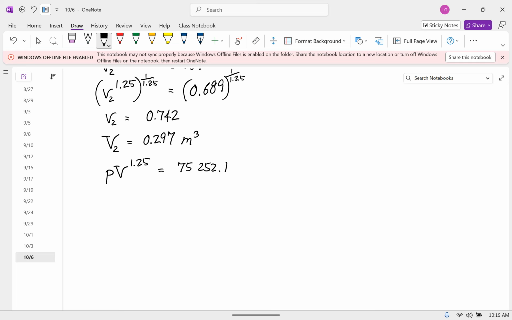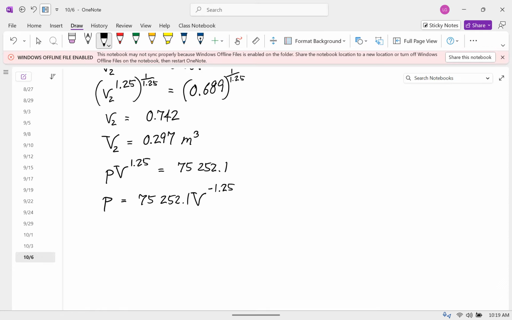And to compute that integral, we need pressure expressed as a function of volume. So P is equal to 75,252.1 V to the negative 1.25. We're just isolating, getting P by itself.